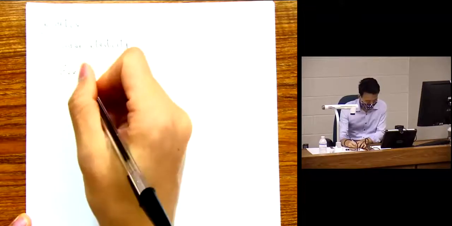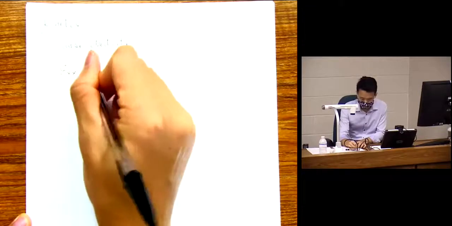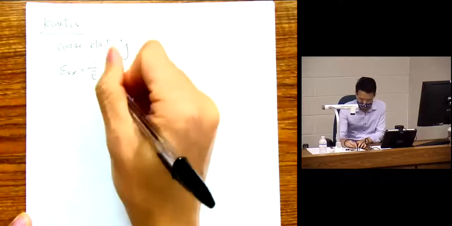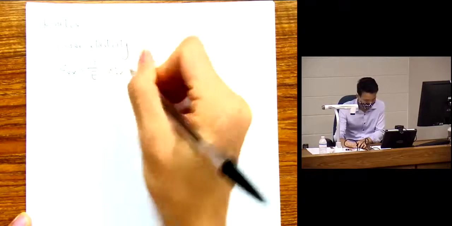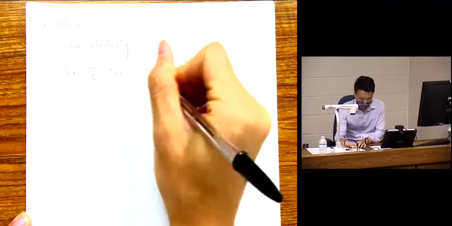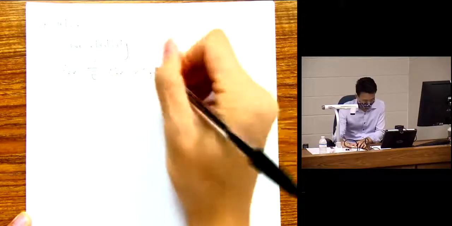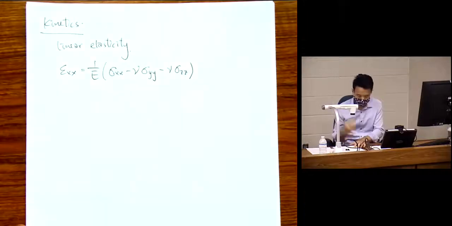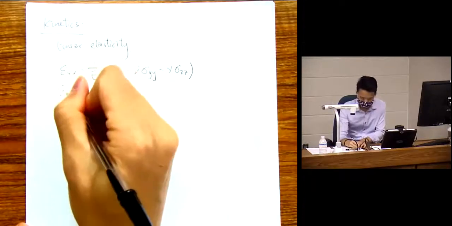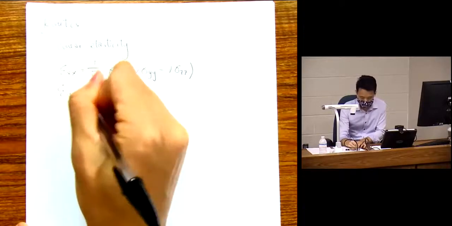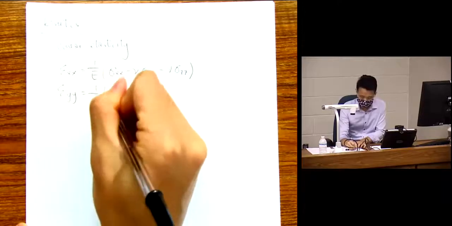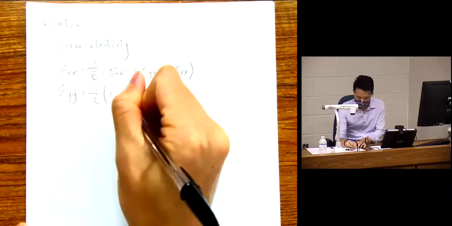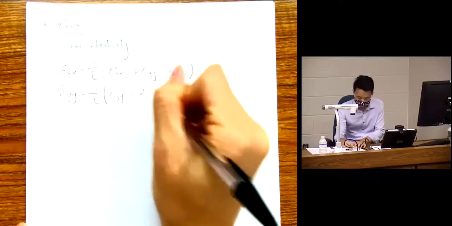So I'm going to write it down in terms of the elastic modulus E and the Poisson's ratio. Obviously, you can change it to another set of constants. You can use shear and bulk moduli, or you can use the Lamé constants. Doesn't matter which set you use, only 2 are independent.